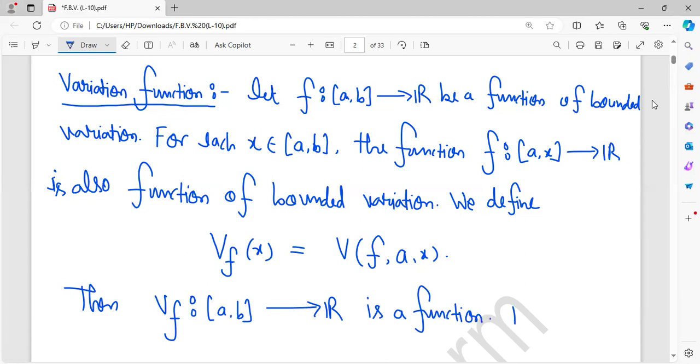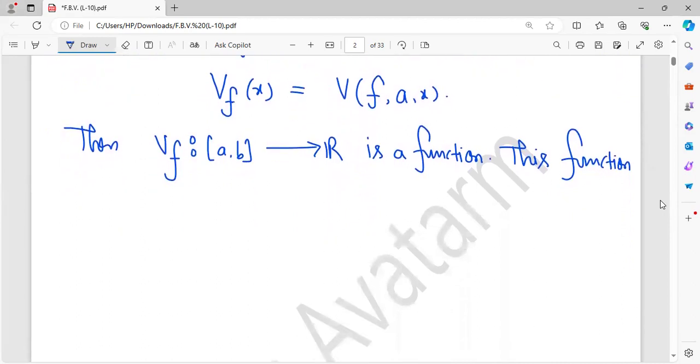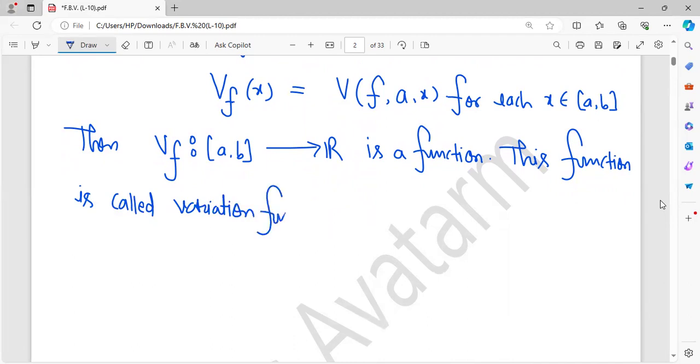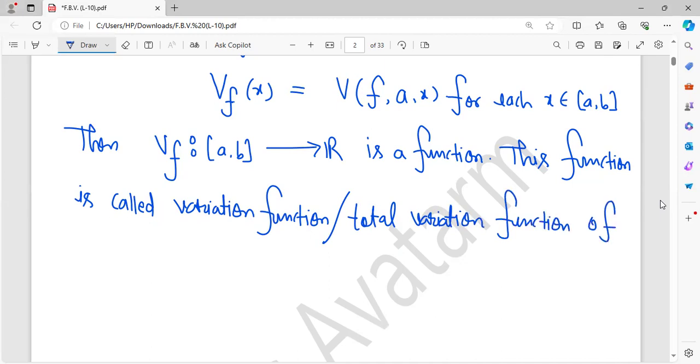And this function is called, for each x belonging to the closed interval [a, b], the variation function, or you can say the total variation function of f, or corresponding to f.